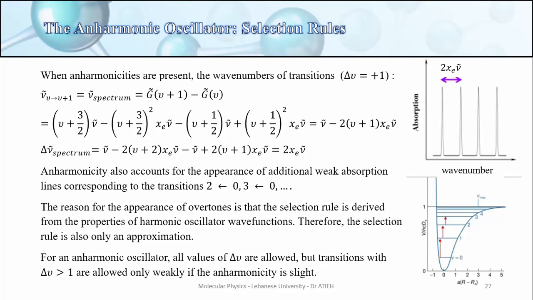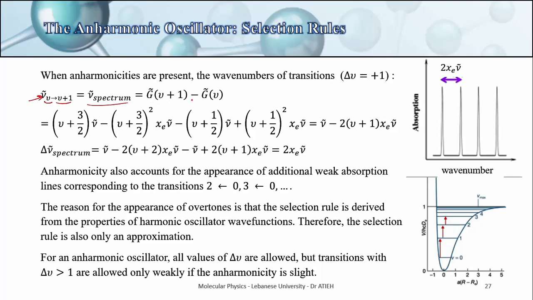Now let's check the wave numbers of absorption when the molecule moves from level nu to level nu plus 1, because we want to compare our results with those of the experiment, for sure. So let's calculate nu bar for a transition from nu to nu plus 1. This is the wave number of the absorbed photon, or the spectrum. It's simply G bar nu plus 1 minus G bar nu.